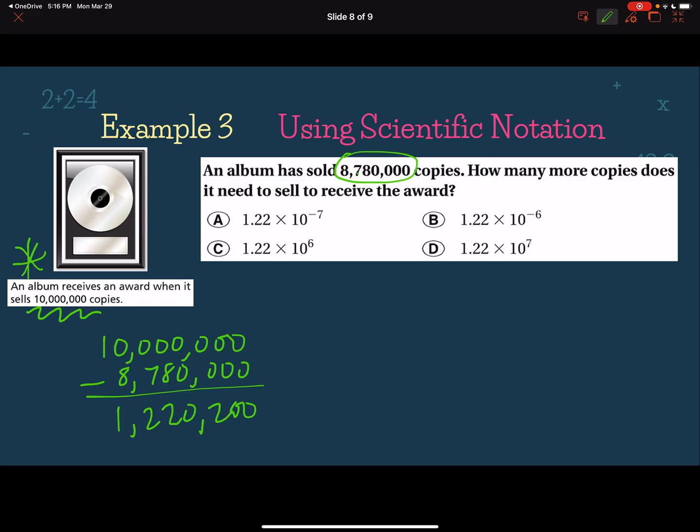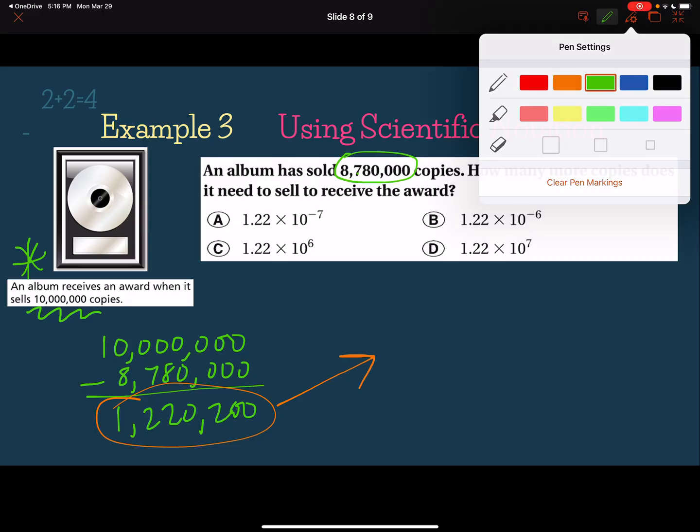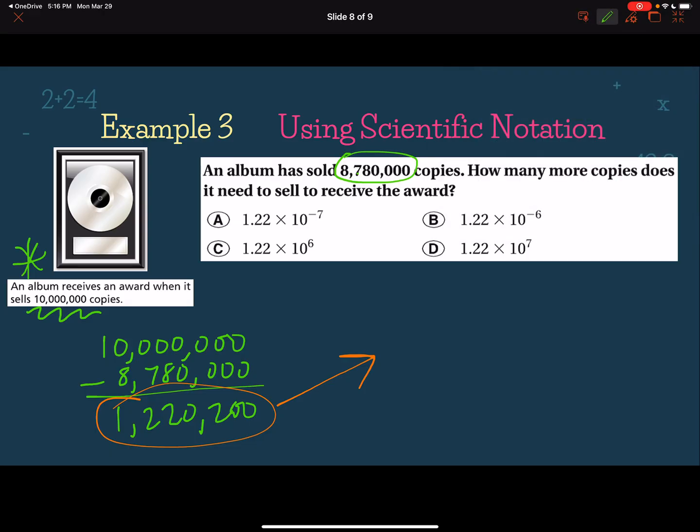And if you'll notice, our answers are all written in scientific notation. So we are going to take this answer that we just calculated, and we're going to write it in scientific notation. So focus on, whoops, and I've made a mistake there. So my apologies. This should be a 0. I don't know why I wrote a 2.